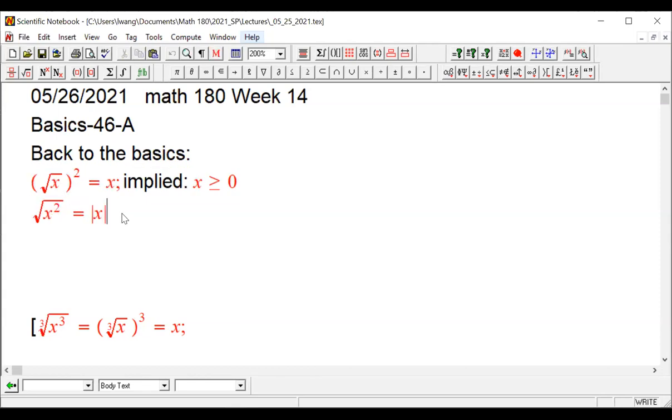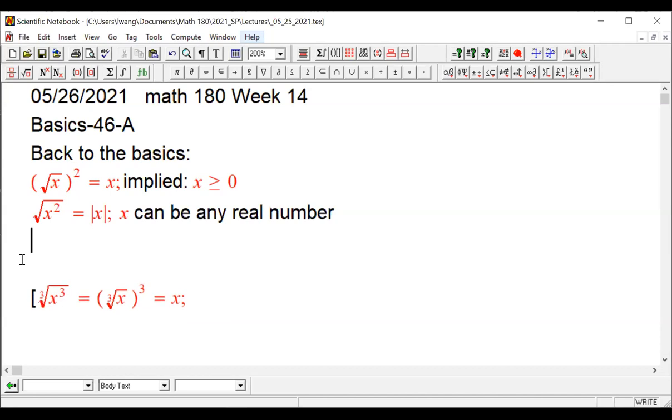For the latter one, x can be any real number. That's the difference. For the cubic root, however, it doesn't matter.